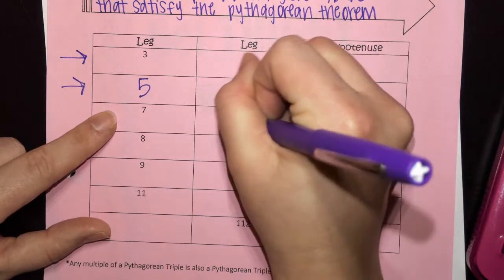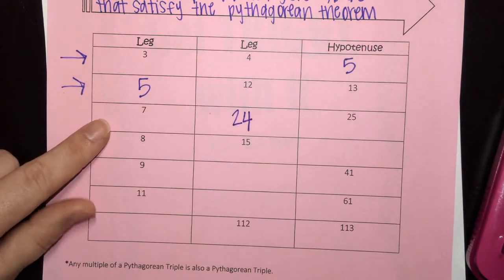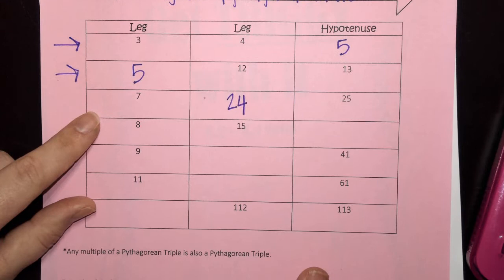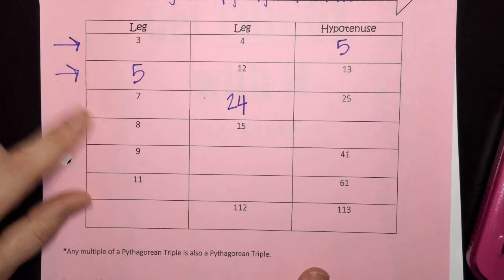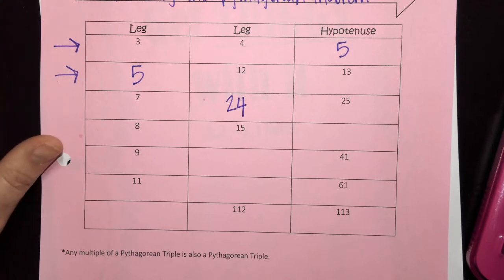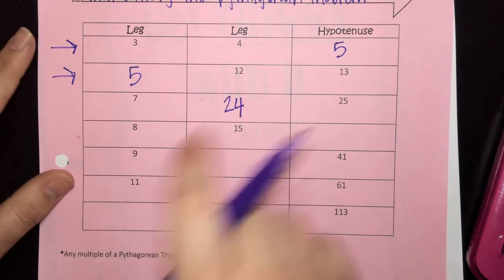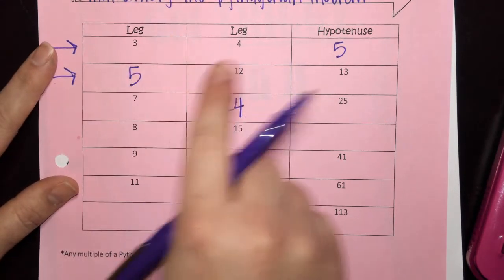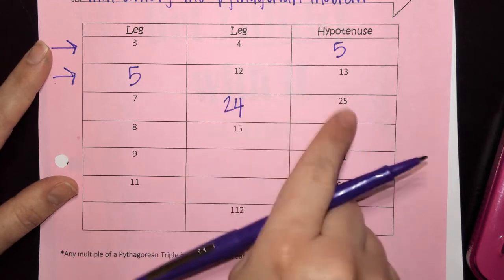7, 24, 25. Is there always like 2 consecutive lines? Maybe. That's a very good hypothesis. She said, is there always 2 that are back to back? 3, 4, 12, 13, 24, 25?